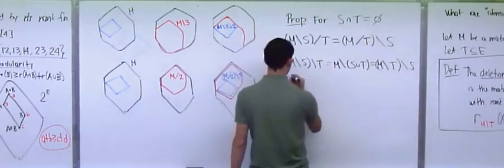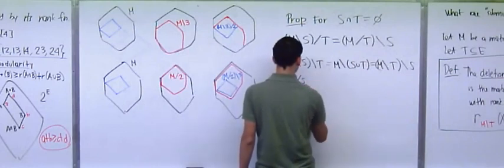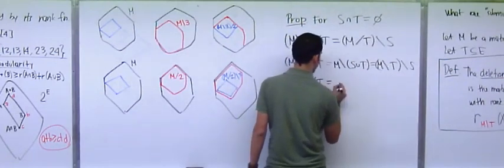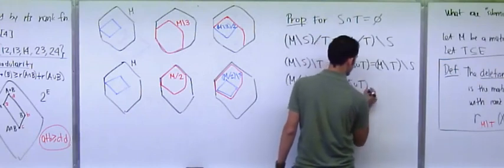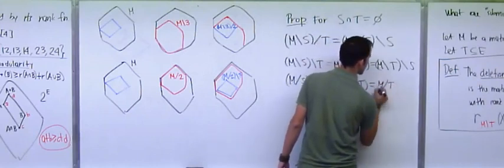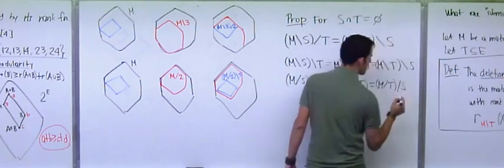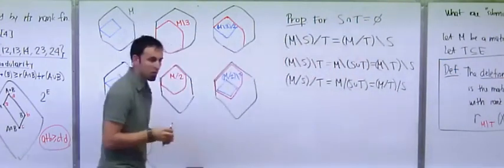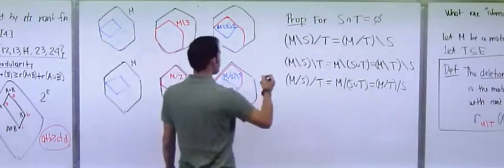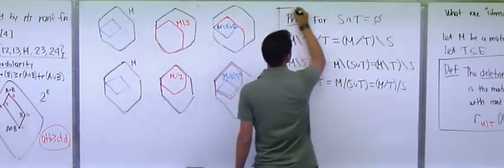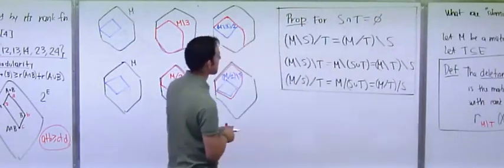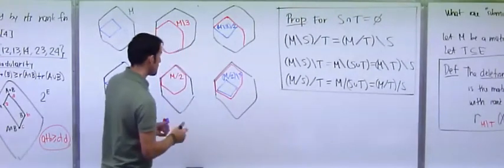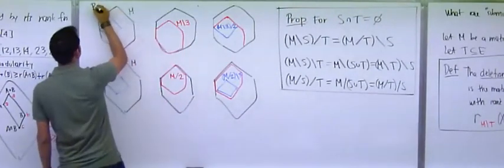I need to prove that the order of contractions is not really important, because if you contract some things and then contract the other ones, it's the same as contracting all of them at once. Proof?